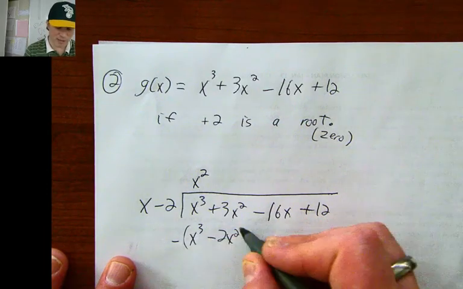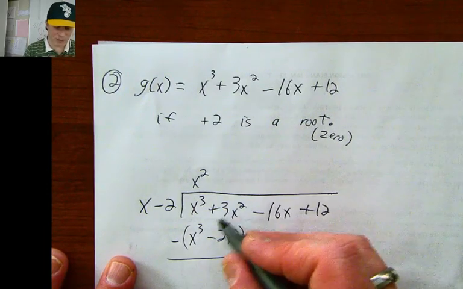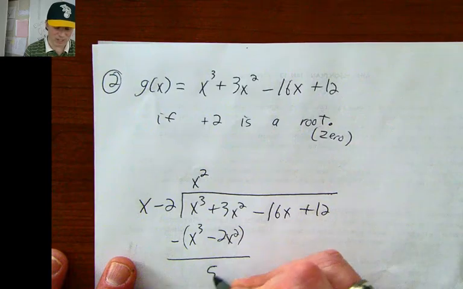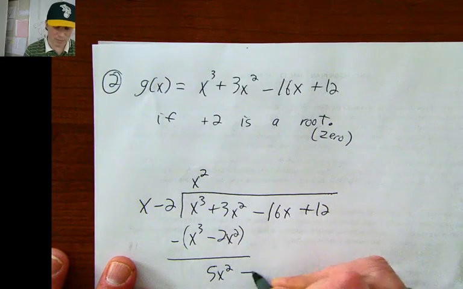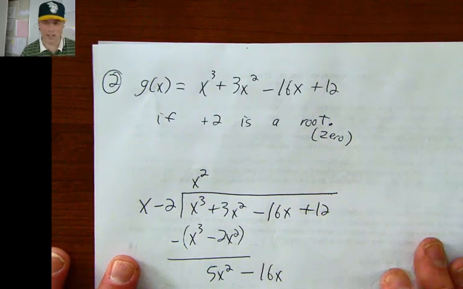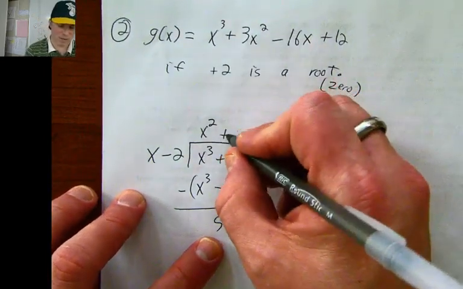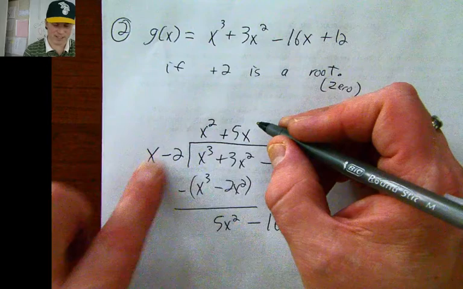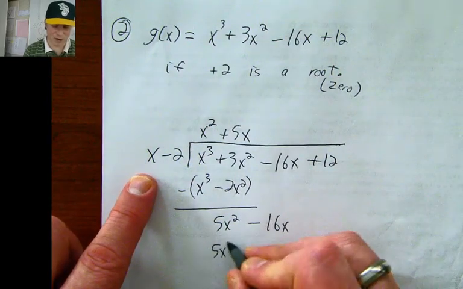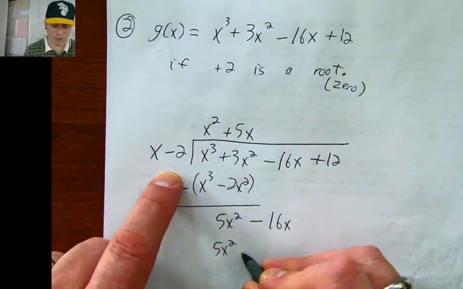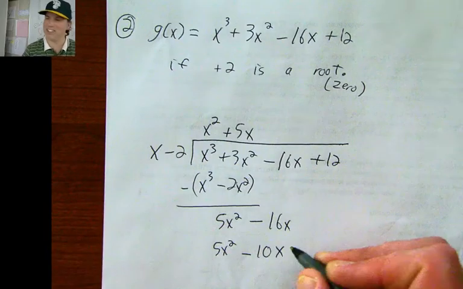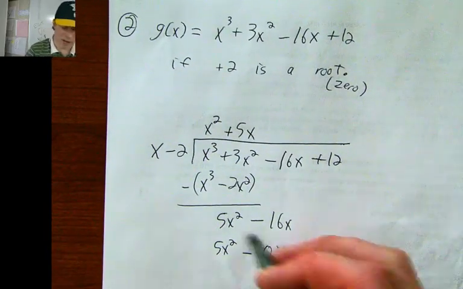When I subtract this, 3x squared minus negative 2x squared is 5x squared minus 16x. X times what gives me 5x squared? 5x. 5x times x, 5x squared. 5x times negative 2, negative 10x. And then we can subtract.